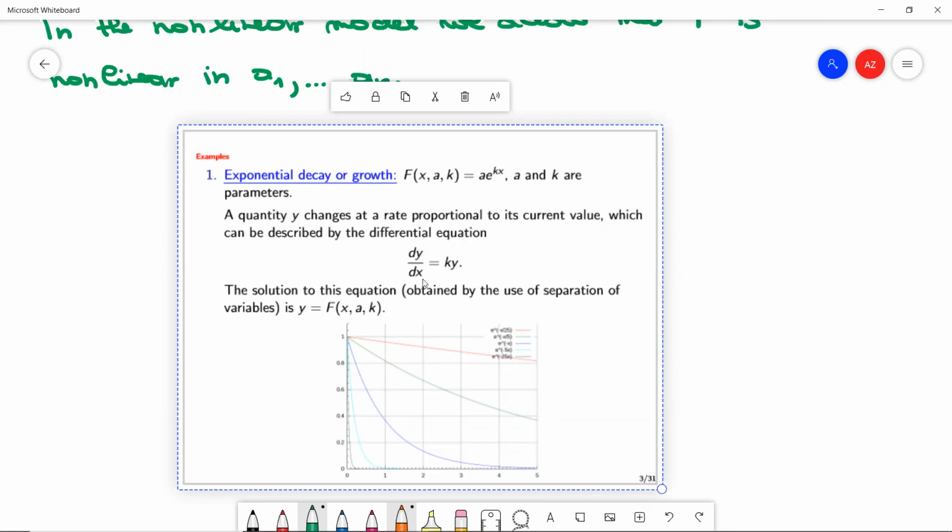Probably you know how to solve this differential equation already from analysis. We can use separation of variables. We put dy over y equal to k times dx, and then we integrate both sides. But even if you don't know how to solve it, don't worry.